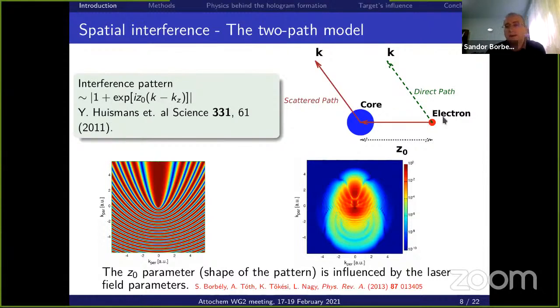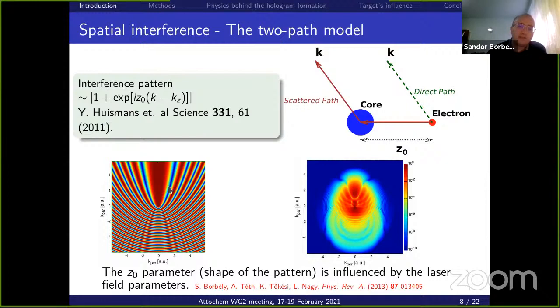In this electron wave packet, you have electron trajectories which are weakly scattered, and strongly scattered electron trajectories. If you calculate the phase difference between these two trajectories, the interference pattern can be described with this very simple analytical formula.